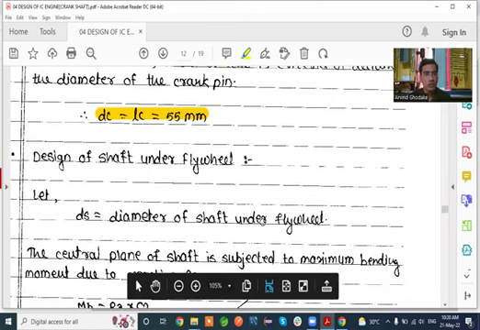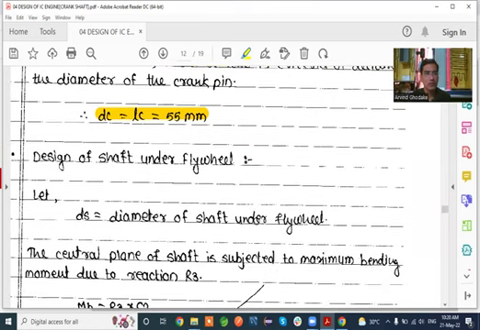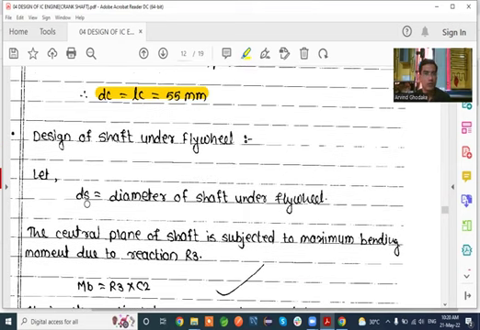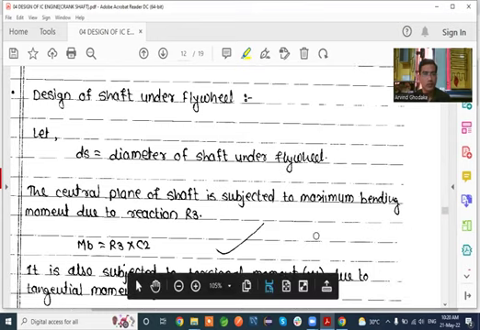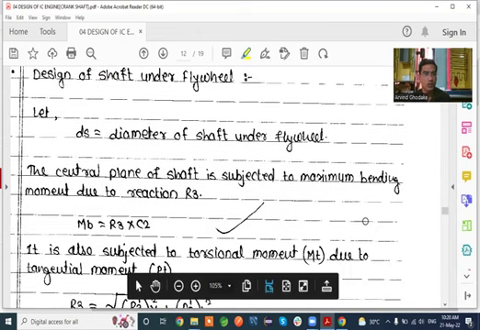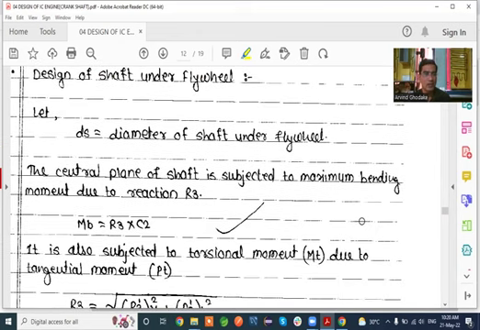Now we have to design the diameter of the shaft under the flywheel. Therefore, DS is the diameter of the shaft under the flywheel. The center plane of the shaft is subject to the maximum bending moment due to reaction R3. Therefore, MB is equal to R3 into C2.